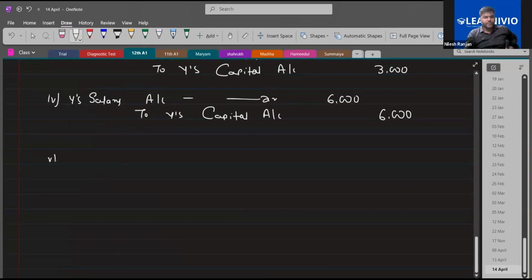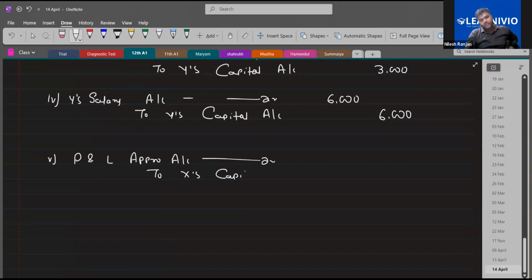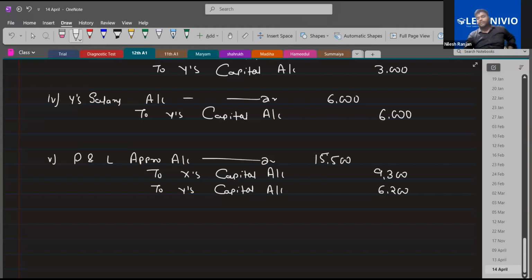Now it will be entry number 5th, profit and loss appropriation account debit to X capital, to Y capital. It is 9,300 and 6,200. These are the first entry only. I have not written second entry anywhere.